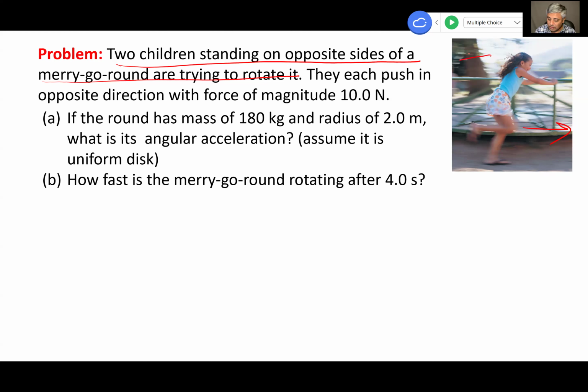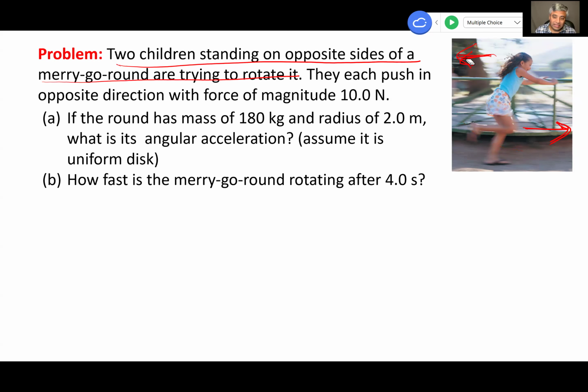They've been doing this for long. So they know one kid has to push that way, another kid has to push that way to get it rotating, because both torques will add up. Pushing from opposite sides in opposite directions makes the torque in the same direction.